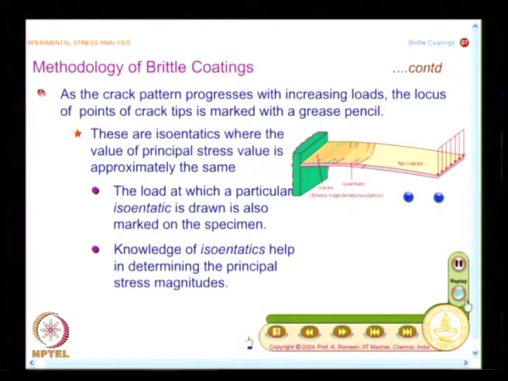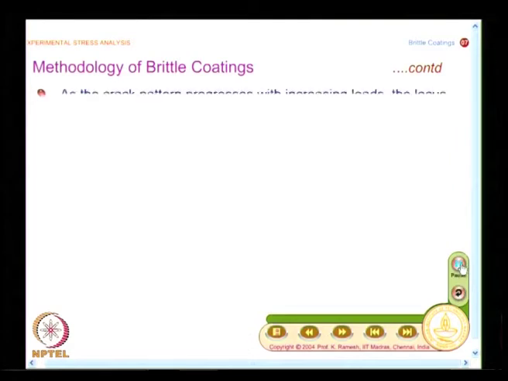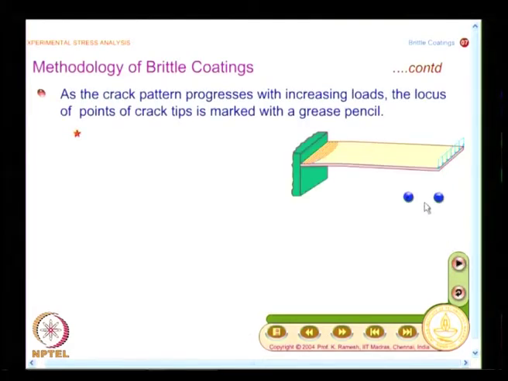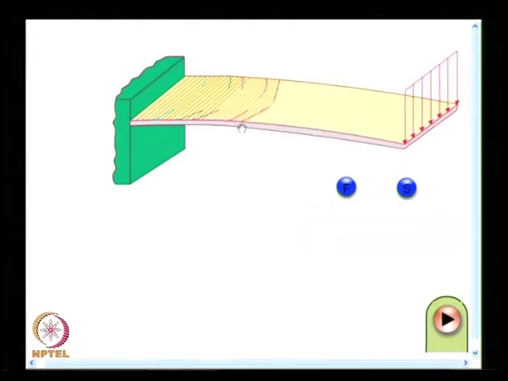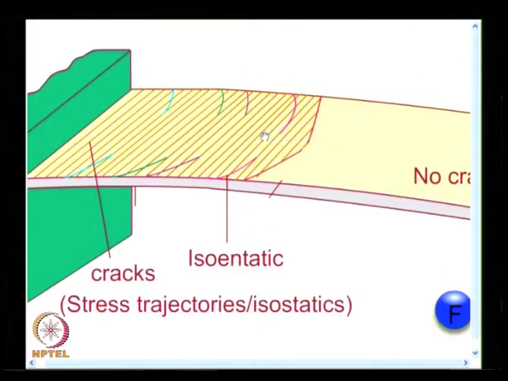It is desirable to see this isoentatic very closely. I will repeat the animation and then take a closer look at it. I have this and I also zoom it further.